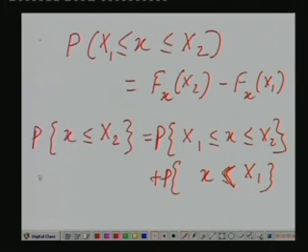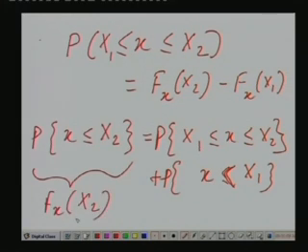Maybe I make a little change here at this stage.